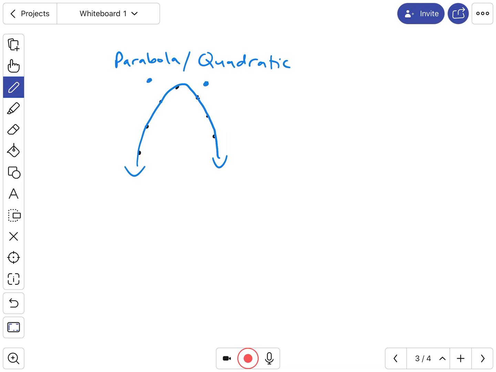If you drew two eyes, that's a sad face. You could also maybe have an equation like this, y equals x squared, but because this is going down, this is upside down, you could put a negative here. You might even remember it in terms of y equals ax squared plus bx plus c.